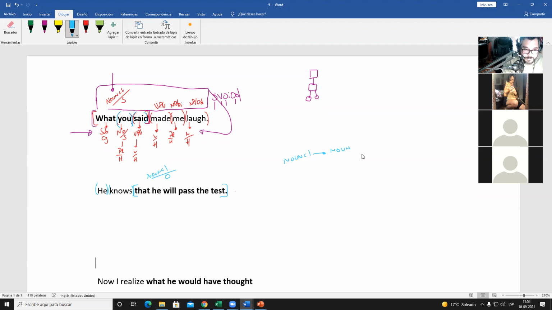Y un objeto, object en inglés, es la entidad que recibe la acción, o sea, algo como un noun. Entonces, la noun clause, that he will pass the test, es noun clause porque es objeto y no es objeto porque sea noun clause. No sé si queda claro eso.